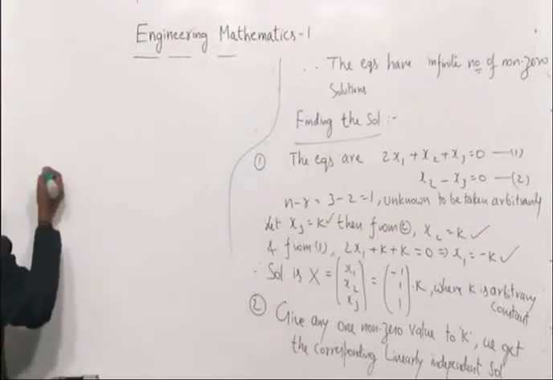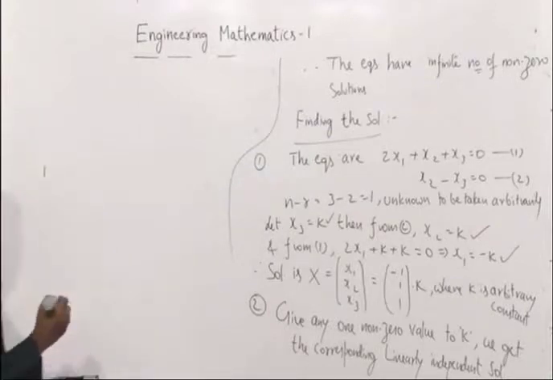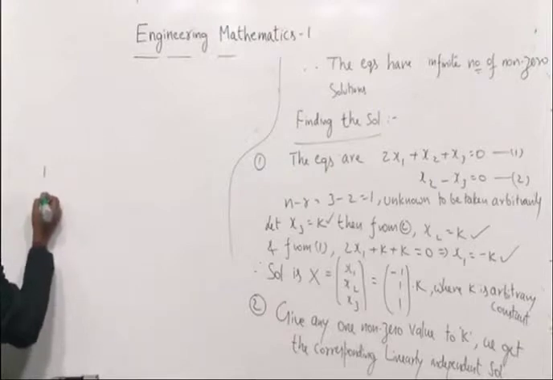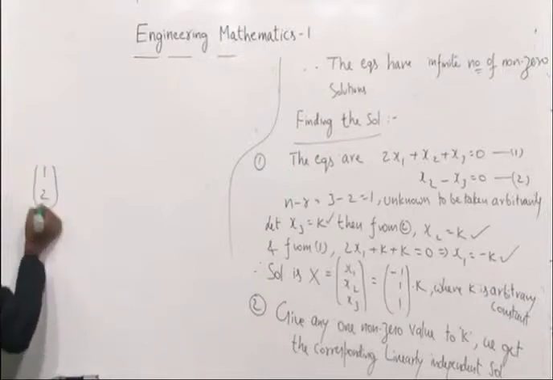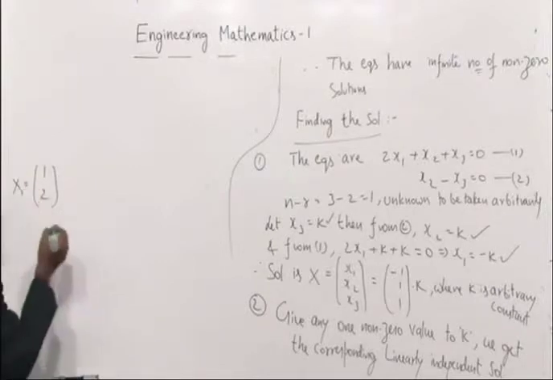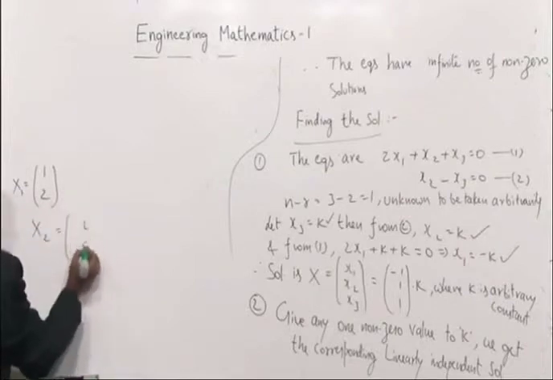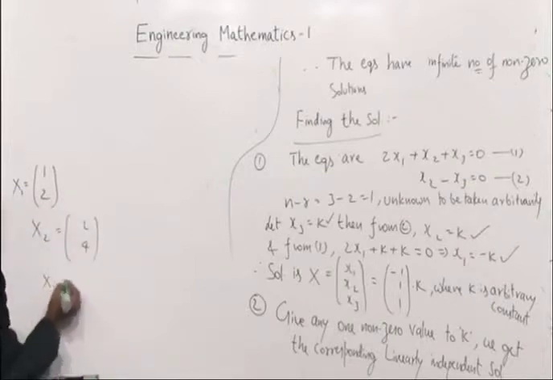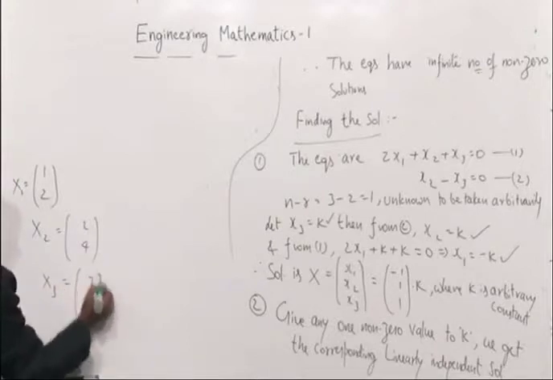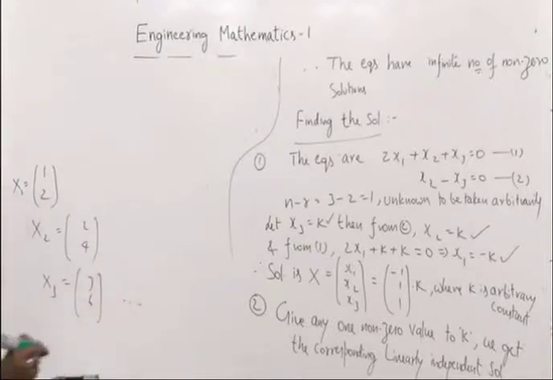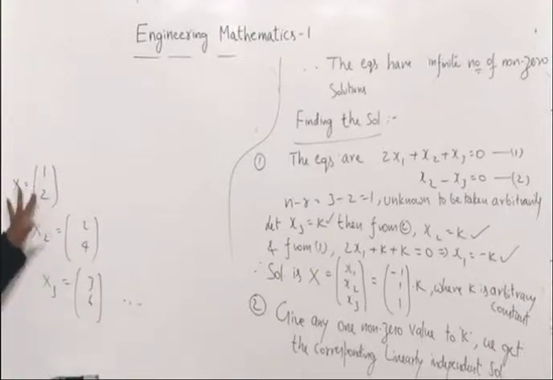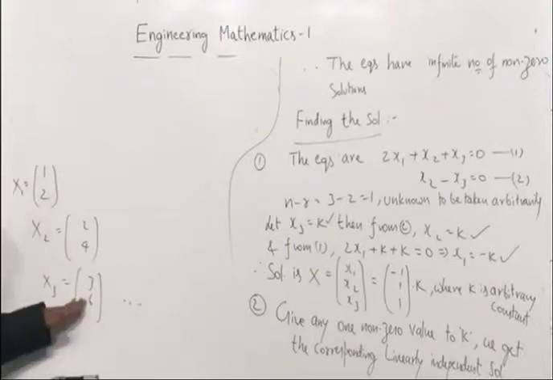Just see. Suppose in some problem, a solution is denoted by x1 equal to 1 2, a two-unknowns problem. x2 is equal to 2 4, x3 is equal to 3 6, etc. Now, the second solution is obtained from the first solution by multiplying all the numbers by 2.